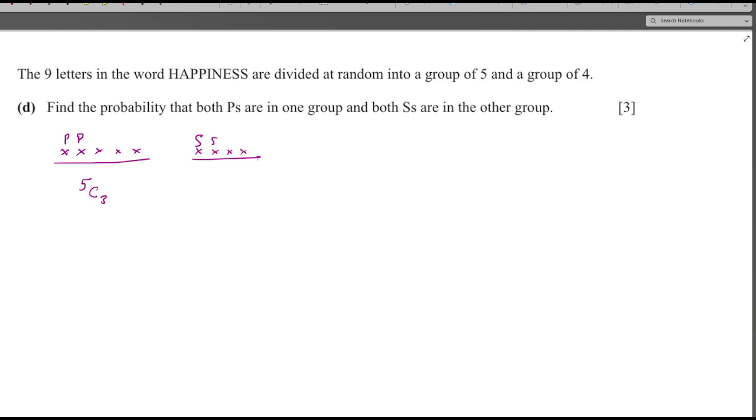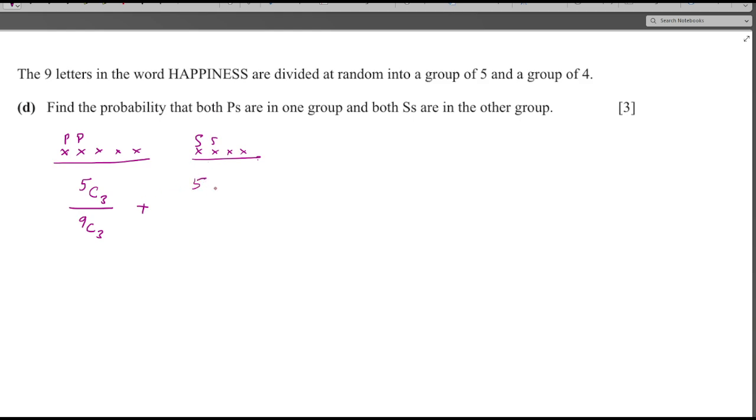So 5c3 number of ways will be when both the p's are in a group of 5 and the remaining are here. So 5c3 divided by total, I have 9 alphabets, and from 9 I have to select 3 alphabets, plus the other option will be that in the group of 5 I have 2 s. So if in the group of 5 I have 2 s, then that also can be arranged in 5c3 ways. Okay, so 5c3 divided by 9c3.